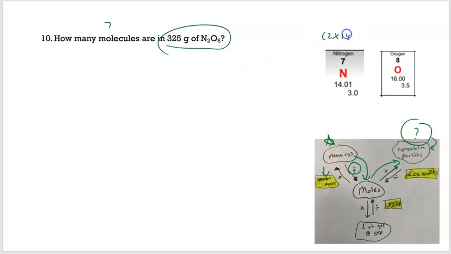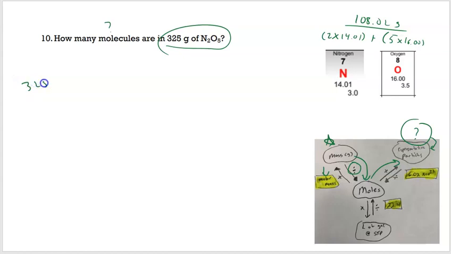2 times 14.01 plus 5 times 16.00, and that's going to give me 108.02 grams for molar mass.